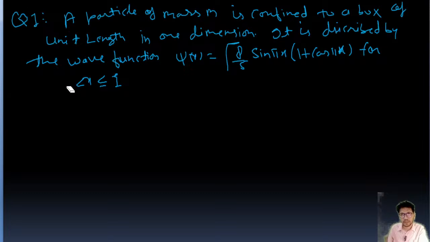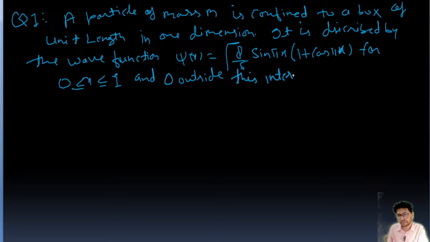X is between 0 to 1 and 0 outside this interval. So the value of the wave function is 0 if x is not between 0 and 1.